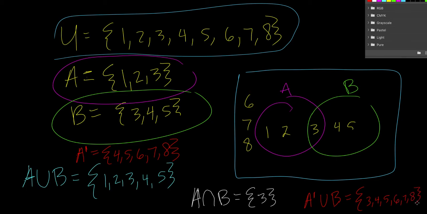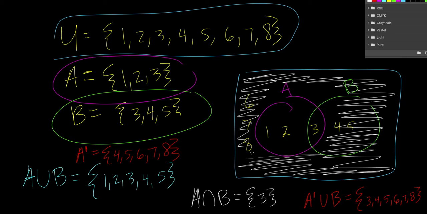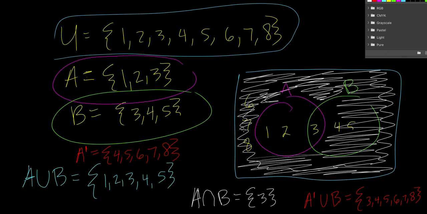Now if we look at this visually, the complement of A is going to be everything on the outside of A. So it's like the piece of B that doesn't intersect with A. And then we want the union of that and B. So if we take all of that stuff, which is 6, 7, 8, 4, 5, and then if we take everything in B, which is just an additional 3, we get 3, 4, 5, 6, 7, 8.